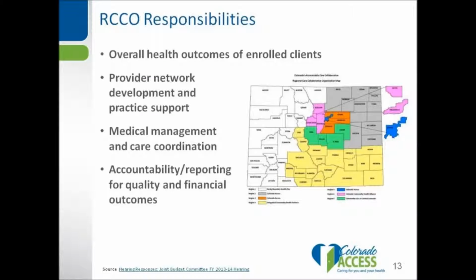Each RCCO has a network of primary care providers, and the RCCOs are responsible to provide support and also ensure an adequate network for the members enrolled in their RCCO region. They also provide medical management and care coordination, collaborating and coordinating care for members in the program, and are accountable for reporting on quality and financial outcomes of the program.